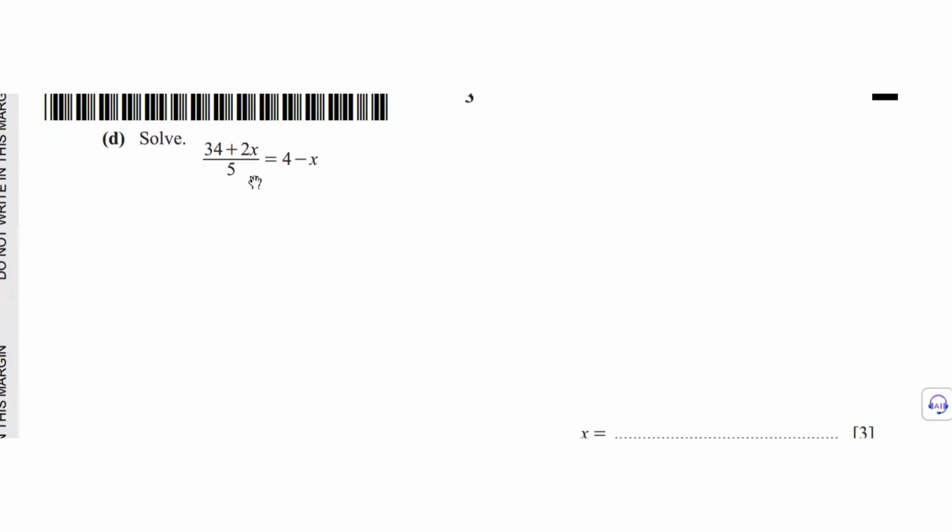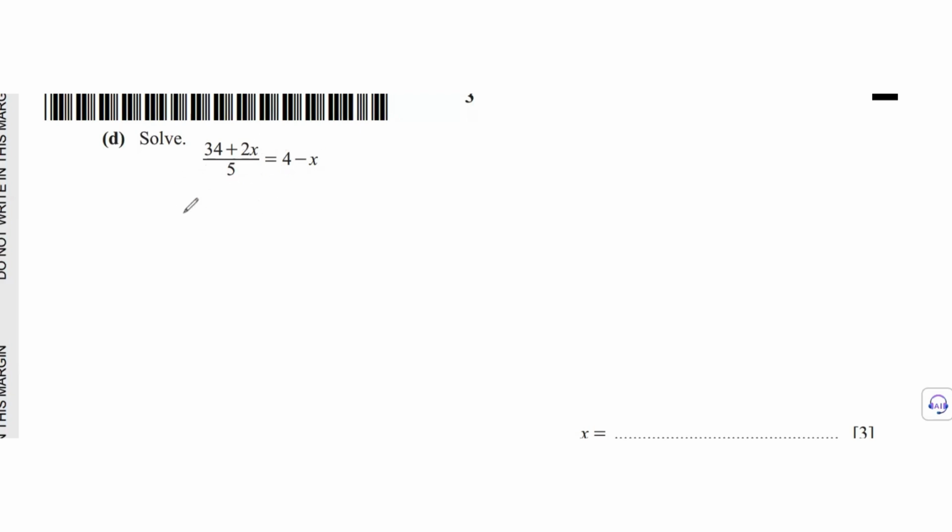Then solve (34 plus 2x) over 5 equals 4 minus x. Whenever we have a fraction on one side of the equal sign, and a fraction or a non-fraction expression on the other side, we need to first try to get rid of the fraction. To do that, we can either cross multiply, or say that we're multiplying the entire equation by 5.